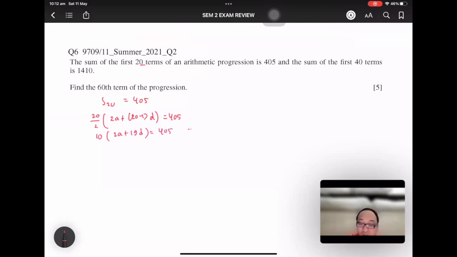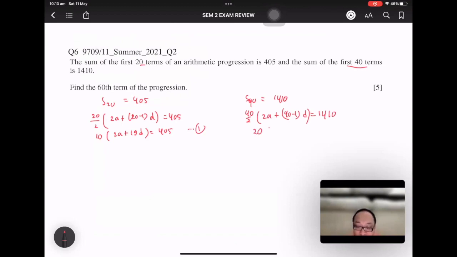That's the first equation. And the second equation, I can write the sum of the first 40 terms. S40 equals 1410. So it's 40/2 times (2a+(40-1)d) equals 1410.